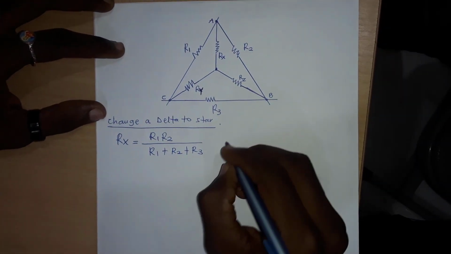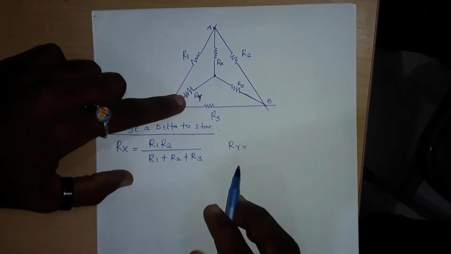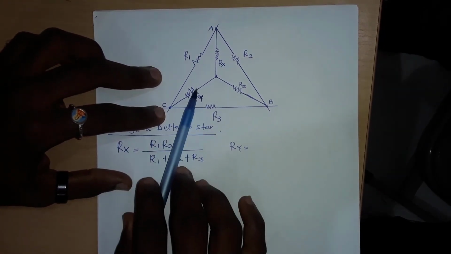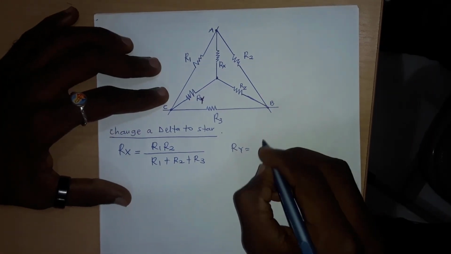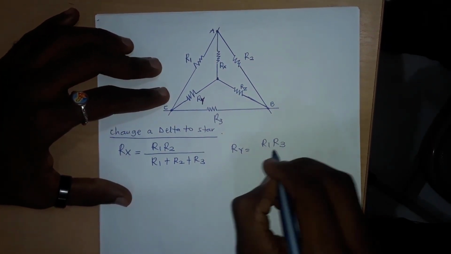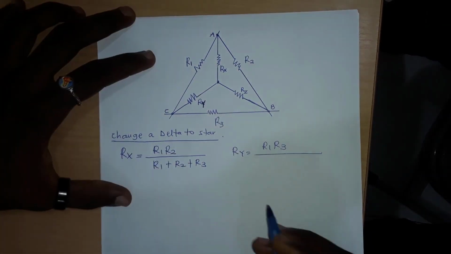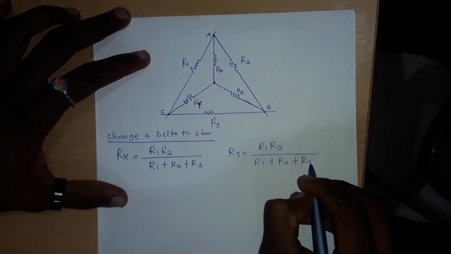The same scenario will happen when we want to find Ry. When we take a look at Ry, we can see that the two resistors sandwiching Ry are R1 and R3. So we will multiply them, that is R1, R3, and then divide by the summation of the resistors around the delta, that is R1 plus R2 plus R3.